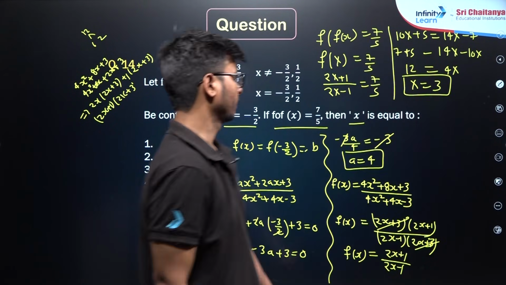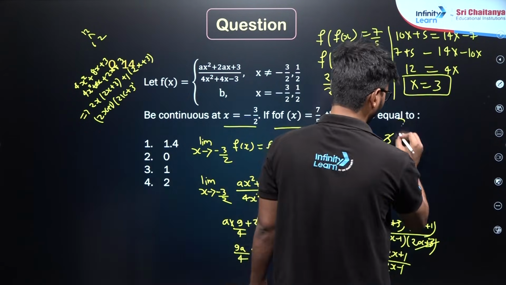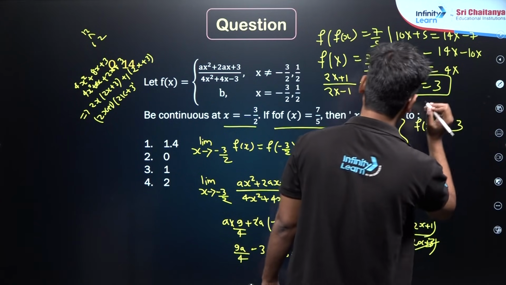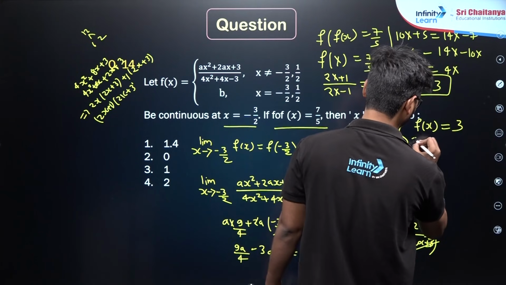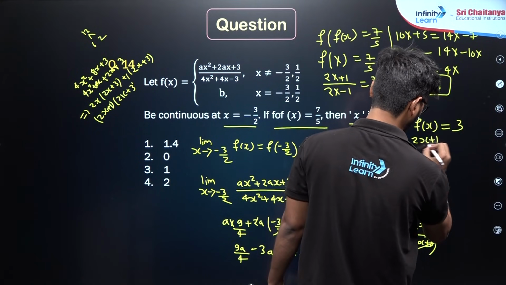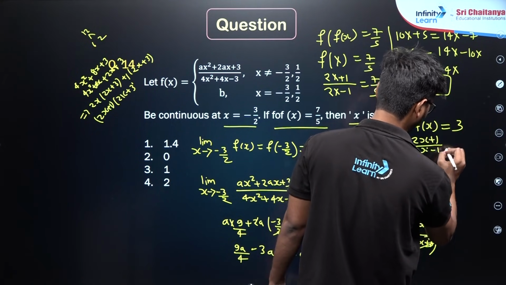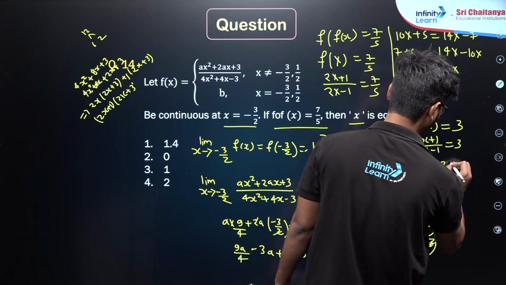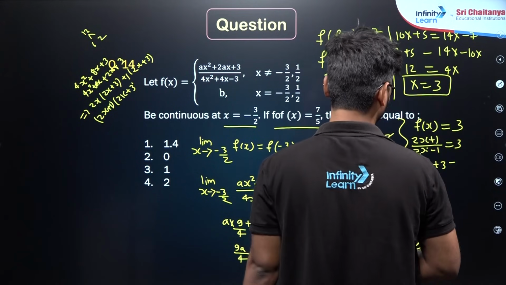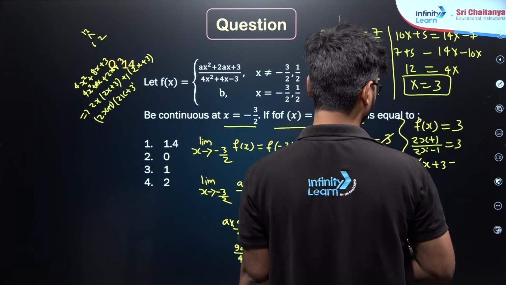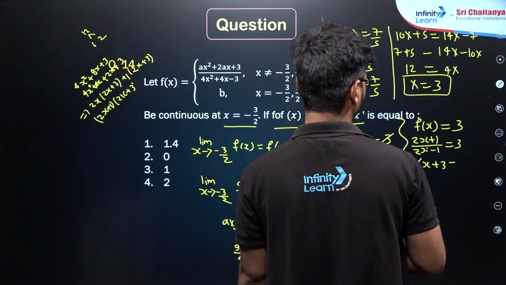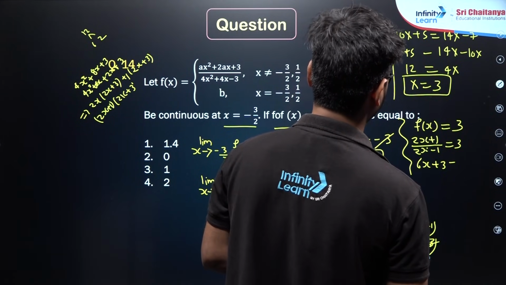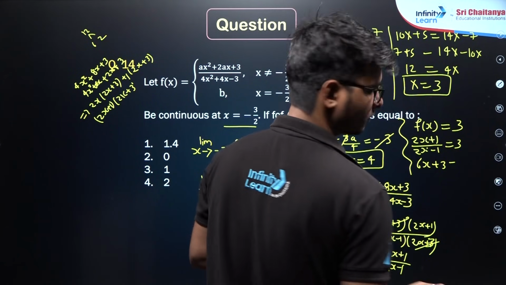Correct? Okay. Now at last I can solve for f of x equals 3. So f of x is nothing but 2 times x plus 1 upon 2 times x minus 1 equals 3. So it will be 3 2s are 6 plus 3 1s are 3. Okay. 2x plus 1 upon 2x minus 1, and we have to solve it for this. Just a minute.